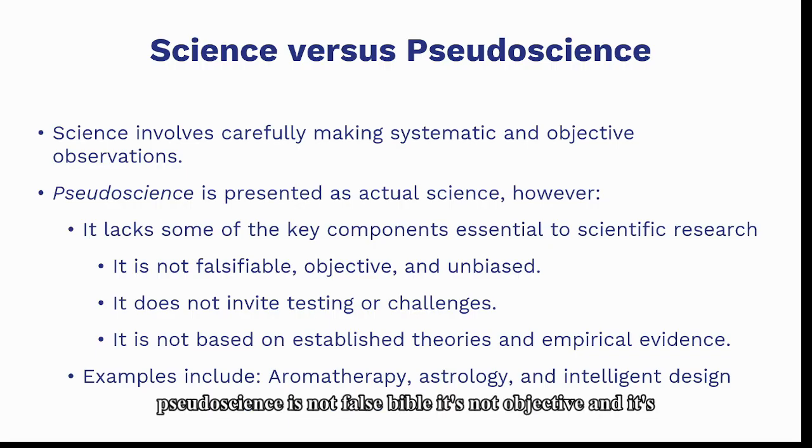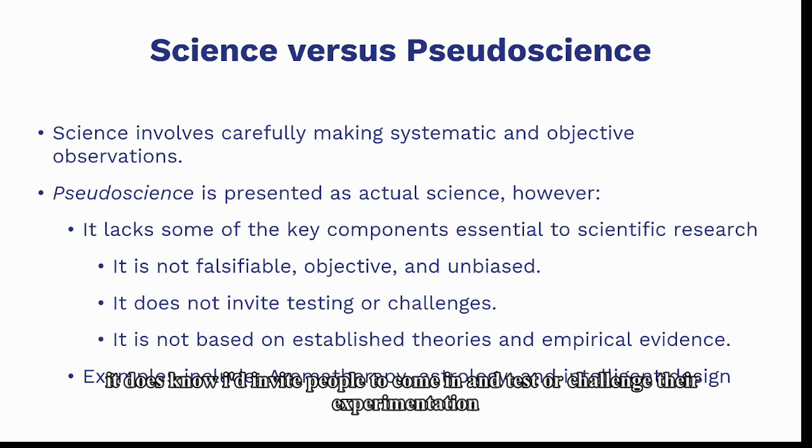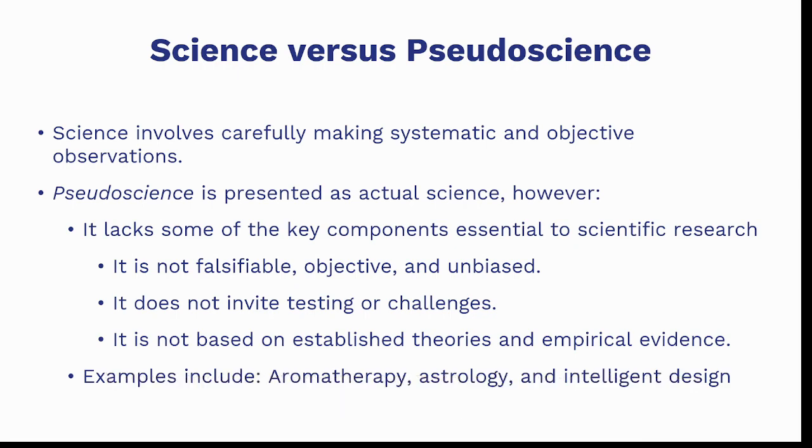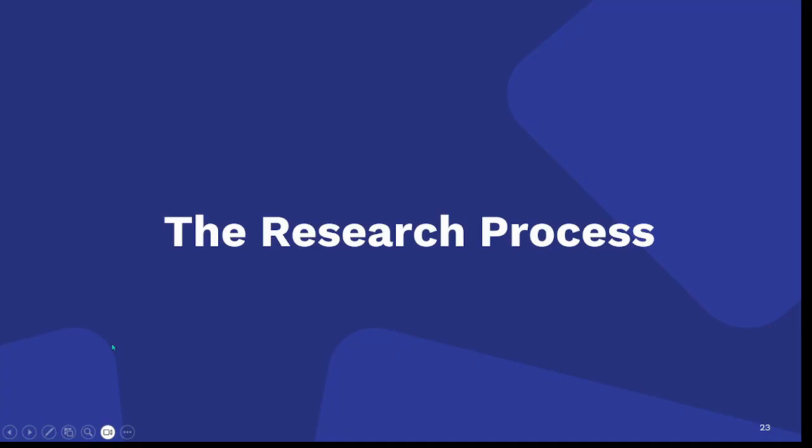Pseudoscience is not falsifiable, it's not objective, and it's biased, right? It does not invite people to come in and test or challenge through experimentation. And pseudoscience is based on garbage, really. So a couple of examples are aromatherapy, astrology, etc.